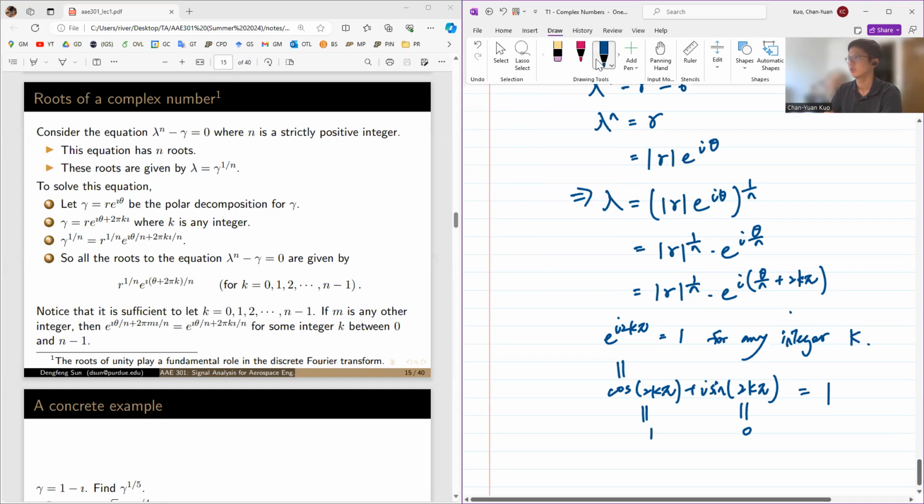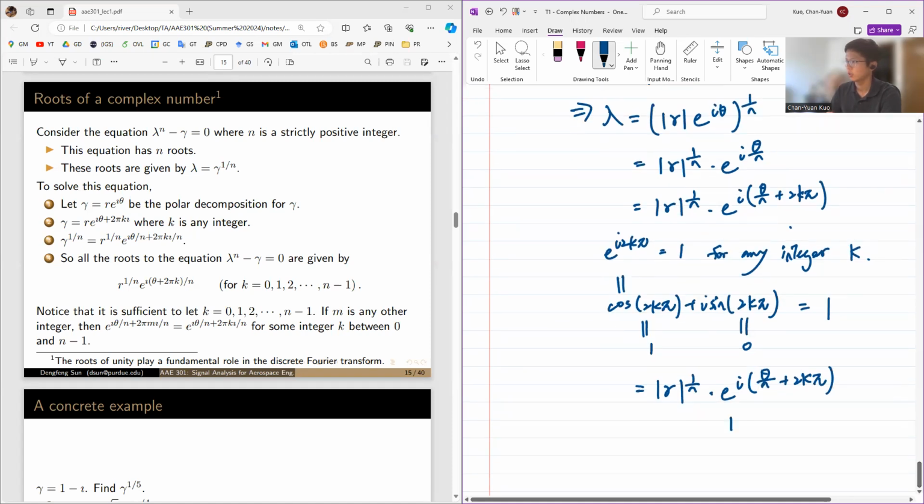So that basically means that gamma to the power of 1 over n times e to the i (theta over n plus 2k pi) for k equals 0, 1, 2, all the way to n minus 1 will all be a root to this polynomial equation, lambda to the n minus gamma equals 0.